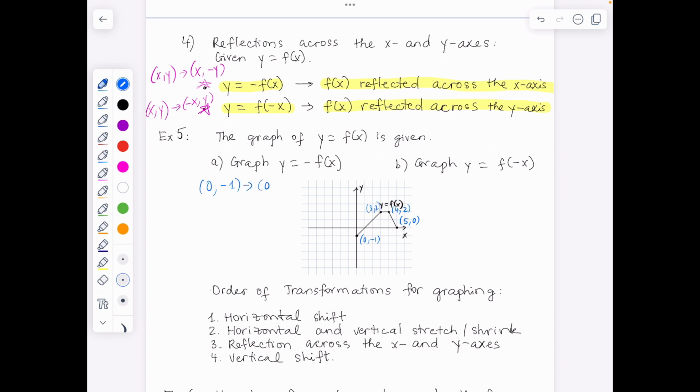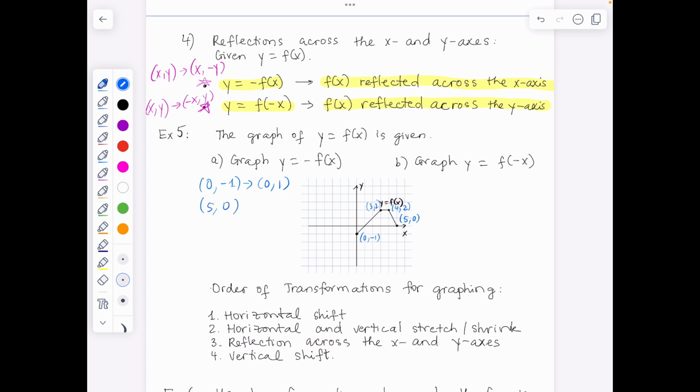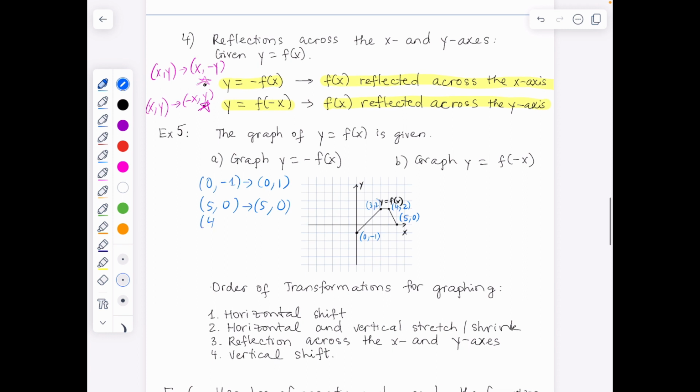So it'll change to (0, 1), because we are applying the negative sign to the y coordinate. (5, 0), keep 5 the same, 0, negative 0 still gives you 0. (4, 2) will become (4, negative 2). And then (3, 2) will become (3, negative 2).